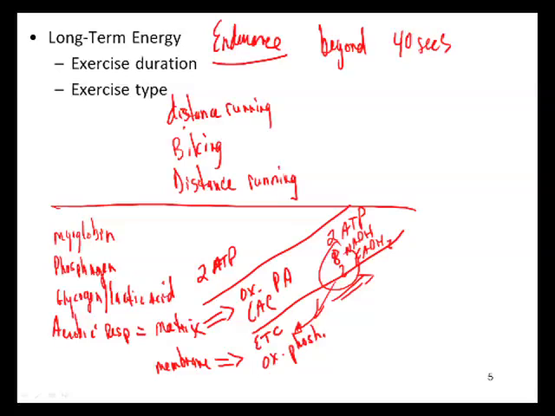So how much ATP are we going to get between these 8 and 2 here? 8 times 3 is 24, plus 2 times 2, so we're going to get 28, right?